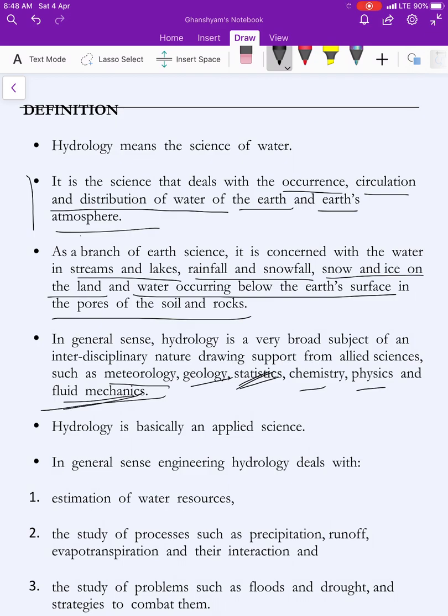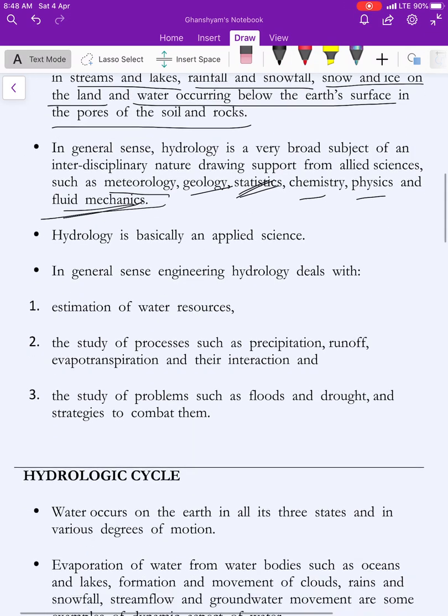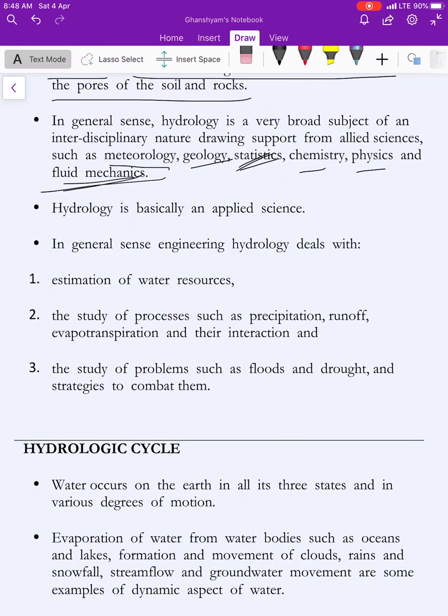So statistics and mathematics are a must. So hydrology is basically an applied science, not a pure science, because lots of various other branches of science we are going to apply to explore the concepts of hydrology.